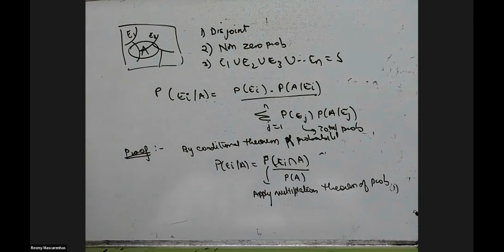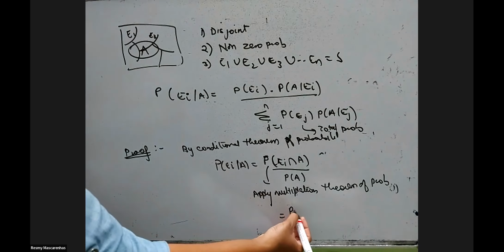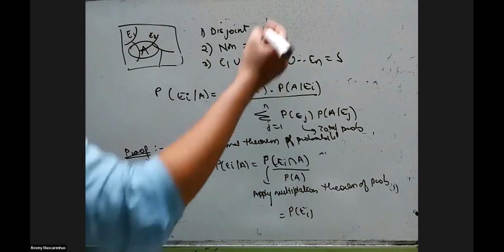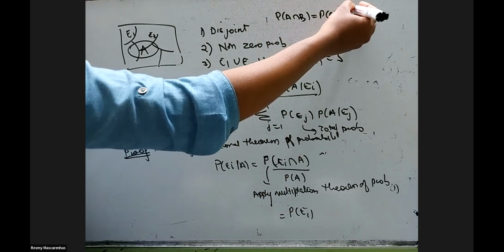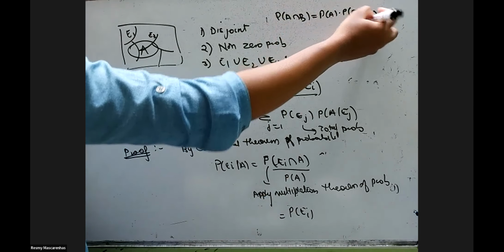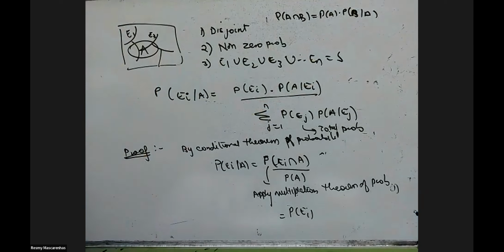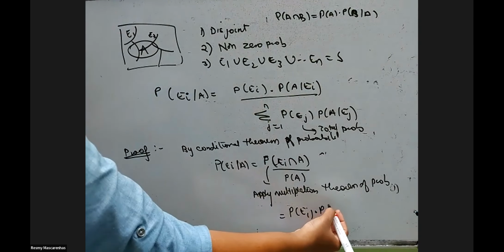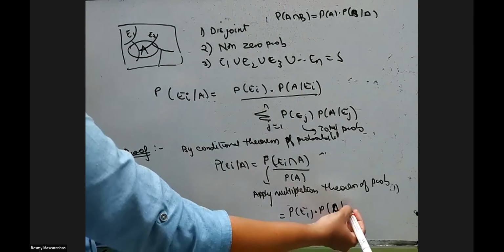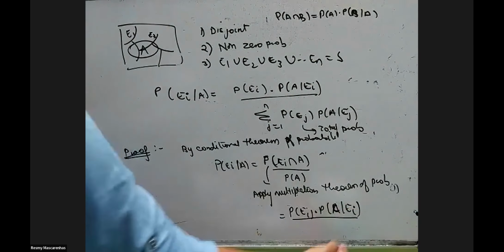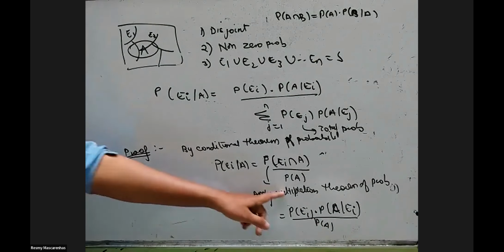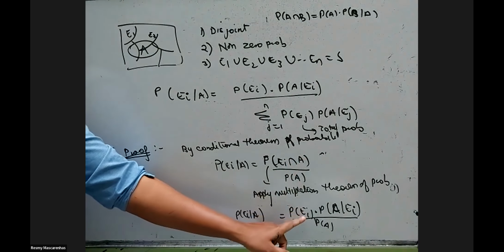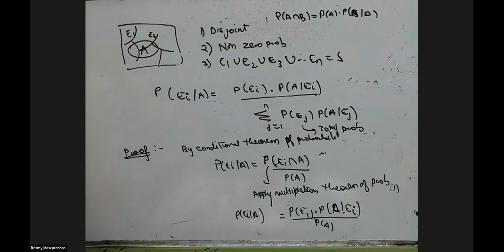What does the multiplication theorem say? P of A intersection B can be written as P of A dot P of B by A. If I am taking this A here, it should be there in the denominator. So I have applied the multiplication theorem of probability for A intersection B.